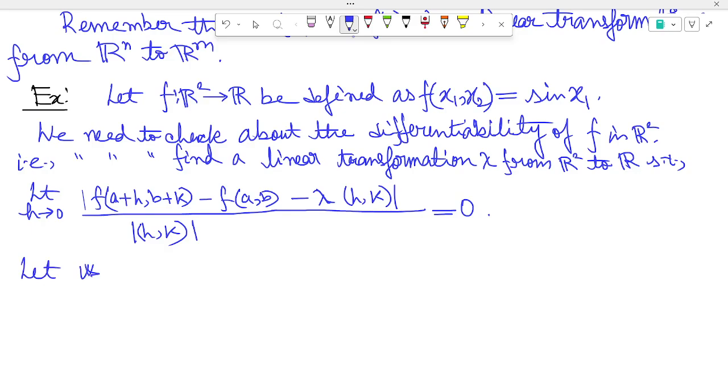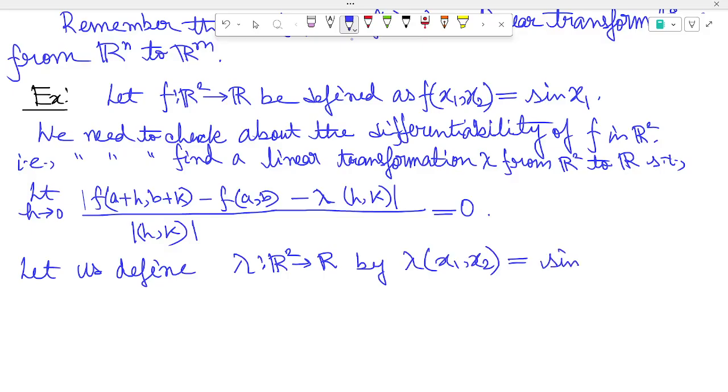Let us define the linear transformation lambda by lambda of x1, x2, which is sine x1, or x1 is there already, right? So it is x.